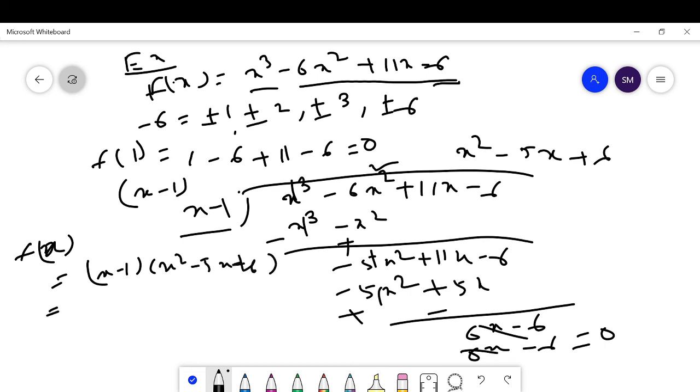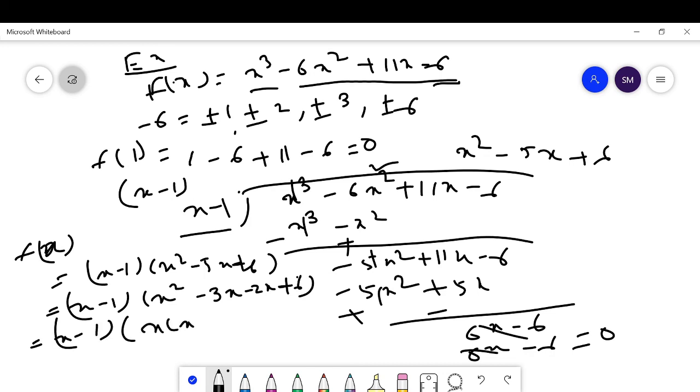Split this by middle factor factorization. 5x can be written as minus 3x minus 2x. Students, you know very well what middle factor factorization is. Using this we get x minus 3 into x minus 2.